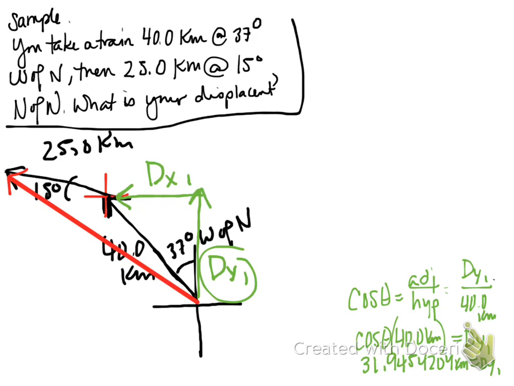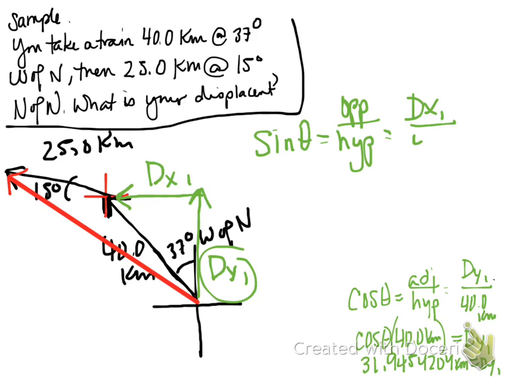Well, now we need to figure out our displacement x for the first vector. So we have an opposite side, a hypotenuse, and an angle. What trig function are we going to use? Sine. So we know that the sine of theta is equal to the opposite over the hypotenuse, which in this case is going to equal our dx1 over our 40 kilometers.